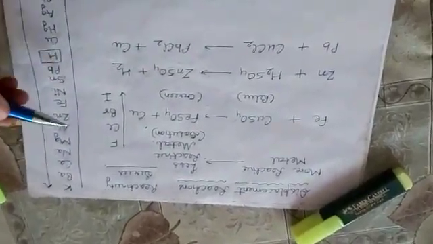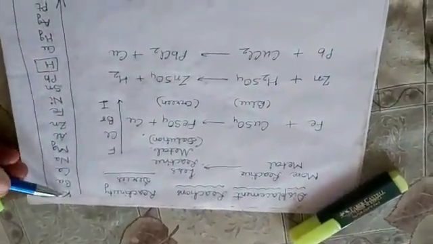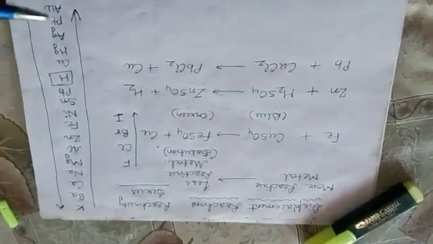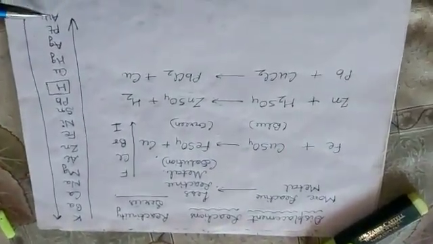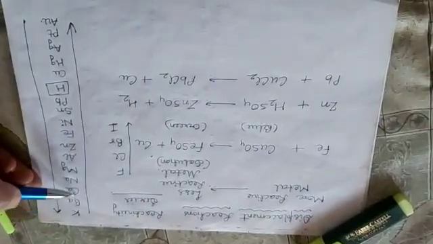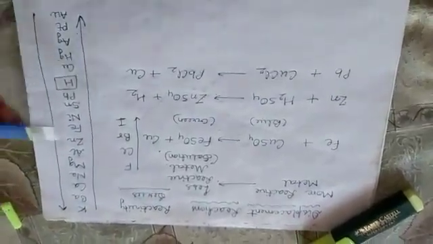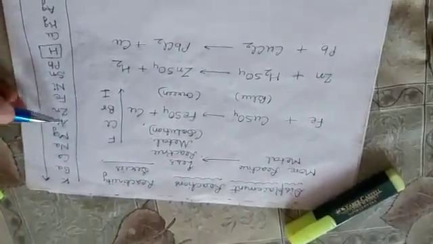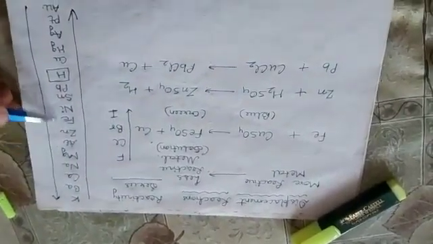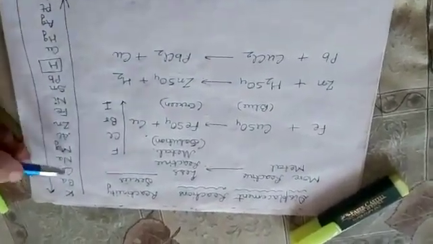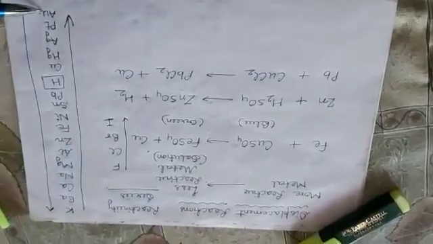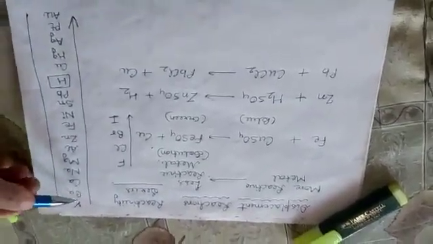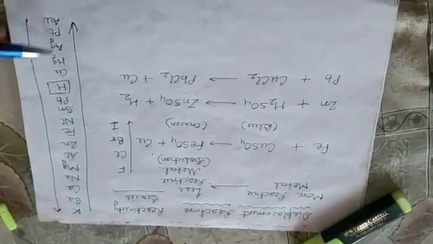So when these metals are arranged in a particular series, as you can see on the screen, in a particular decreasing order of their reactivities, as we go from top to bottom in the series, that shows the decreasing order of their reactivities.